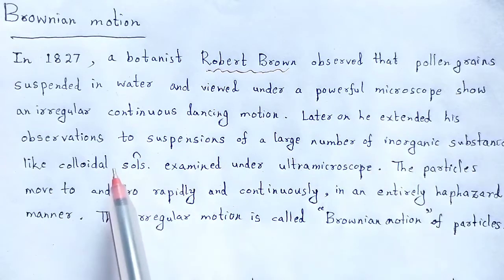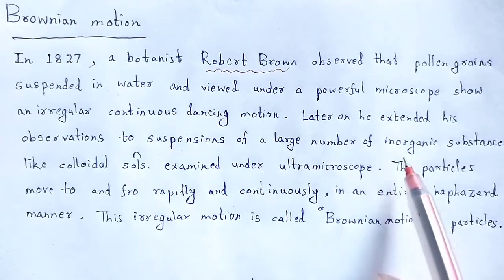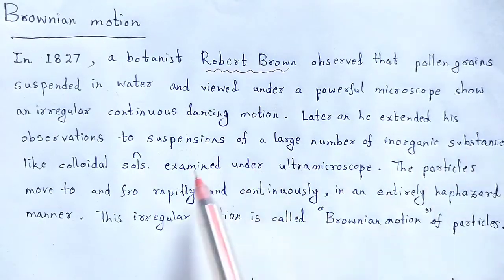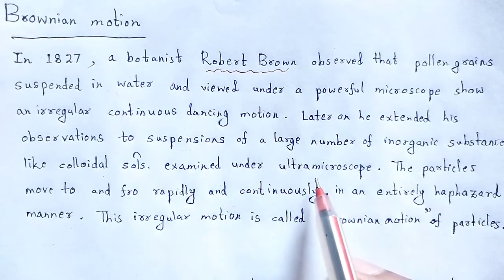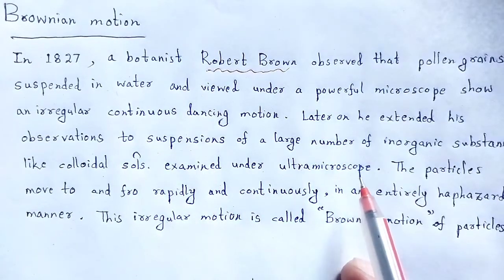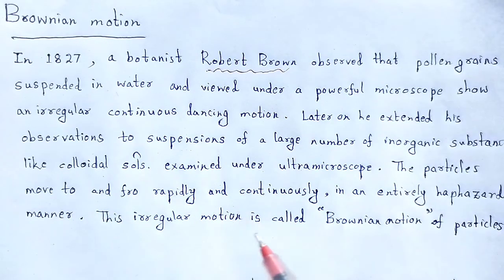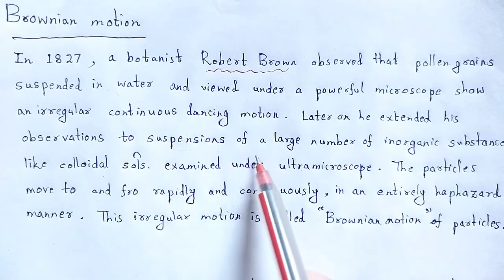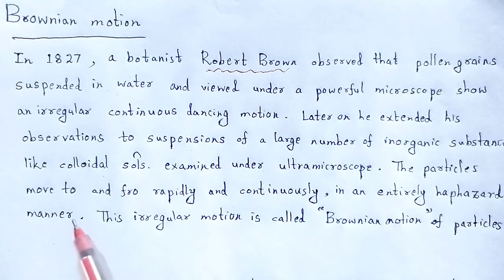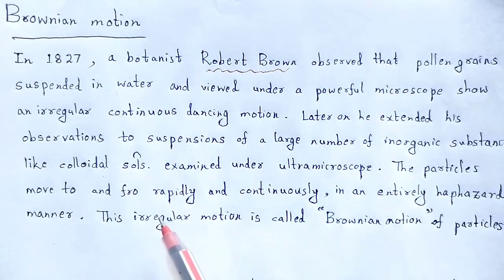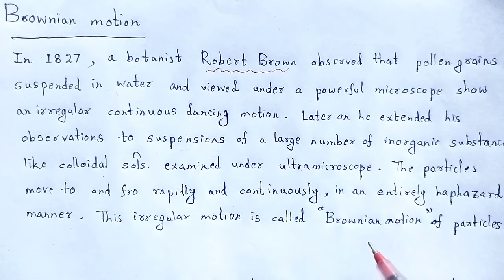Later he extended his observations to suspensions of a large number of inorganic substances, like colloidal solutions, examined under an ultramicroscope, and he observed the particles move to and fro rapidly and continuously in an entirely haphazard manner.